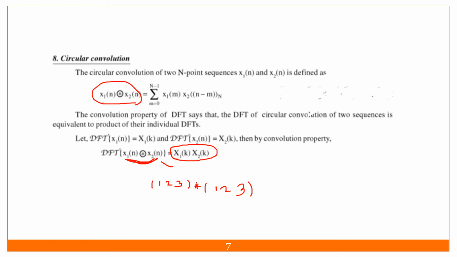If I take the circular convolution in the time domain, in the frequency domain you just take the DFT of each, multiply the two, and you get the circular convolution of these two. So this is property number 8, circular convolution.